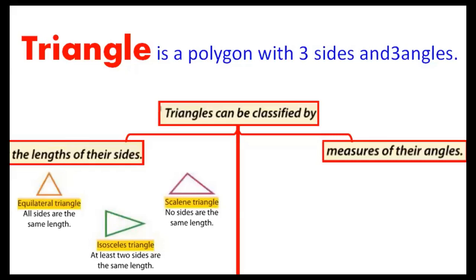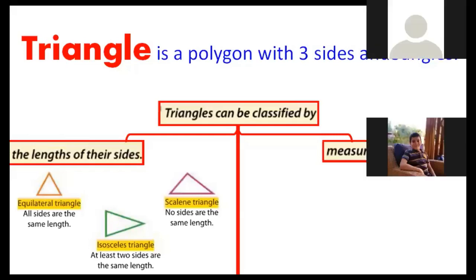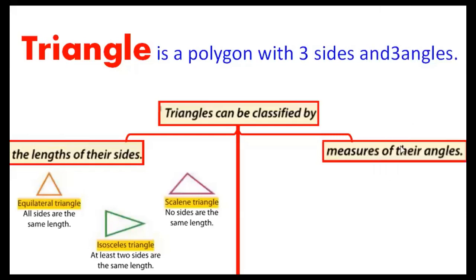So we have 3 types according to the side lengths in triangles. The first is equilateral triangle, all the sides are equal in length. Isosceles triangles, at least 2 sides are equal in length. Scalene triangles, no sides are equal in length.